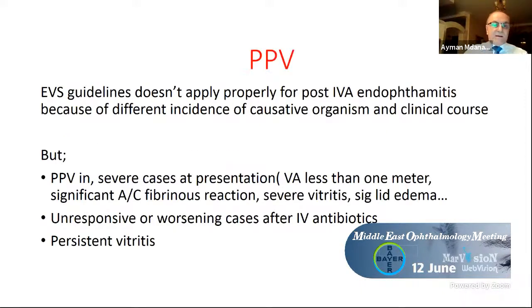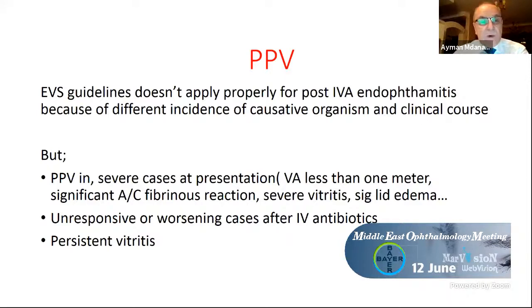The Endophthalmitis Vitrectomy Study guidelines do not apply properly to post-injection endophthalmitis because of a different incidence of causative organisms and clinical course. So the guidelines of the Endophthalmitis Vitrectomy Study do not apply correctly to our cases.